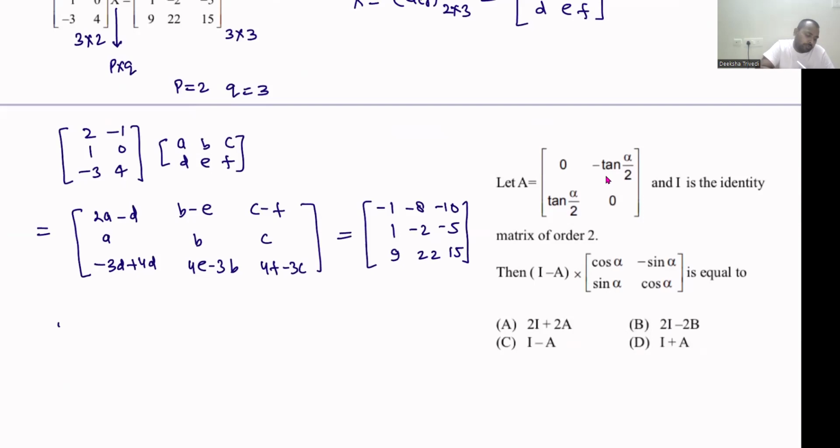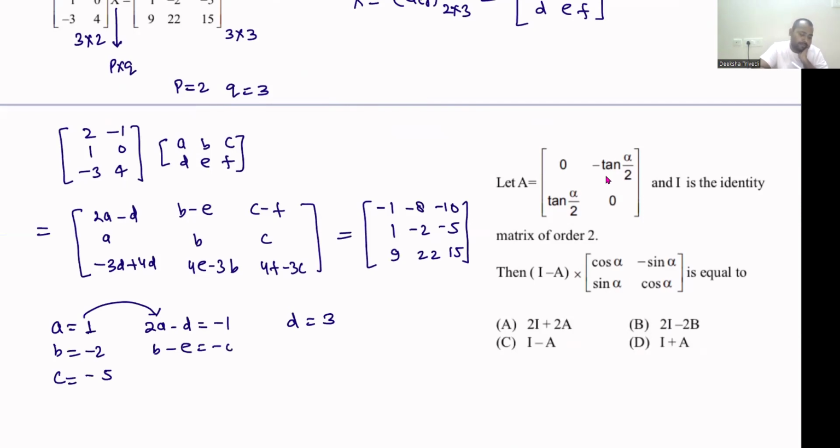So A equal to 1, B equal to -2 and C equal to -5. If 2A minus D is -1, substitute A, then what is D? 3. Here we are saying that B minus E is -8, B is -2, then what is E? 6.